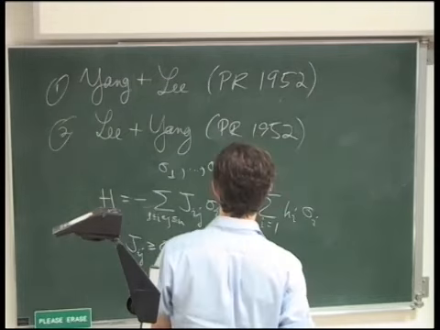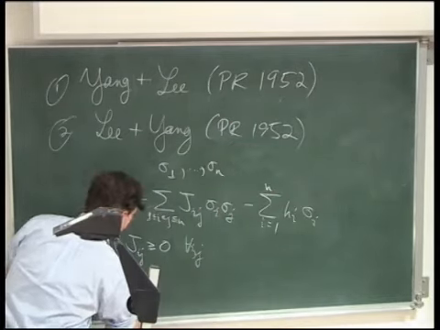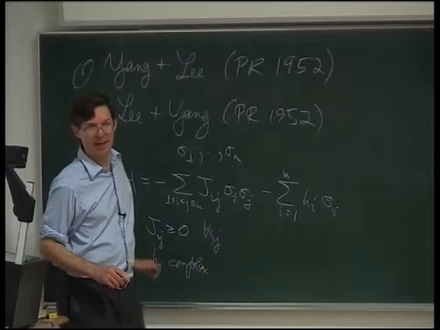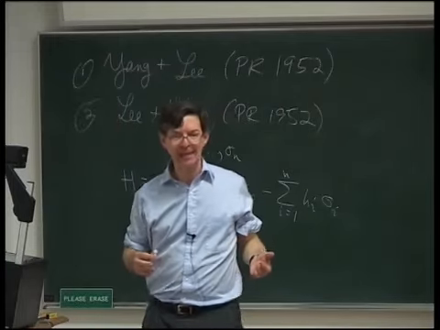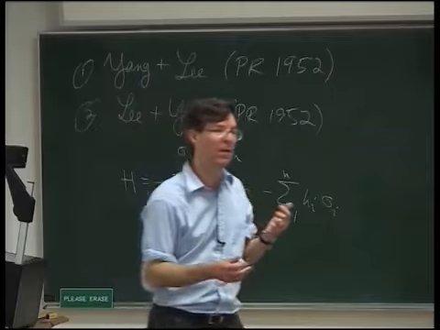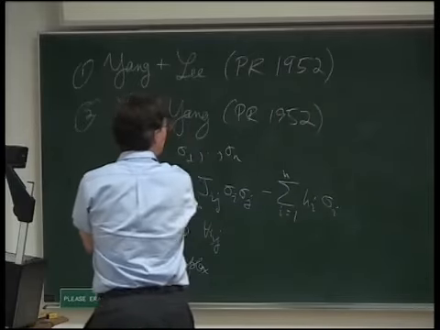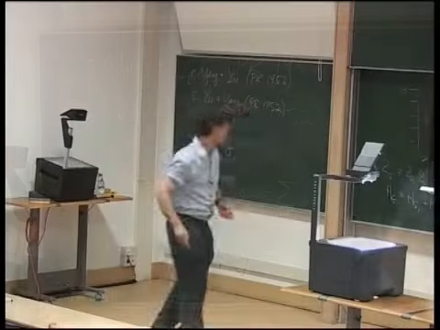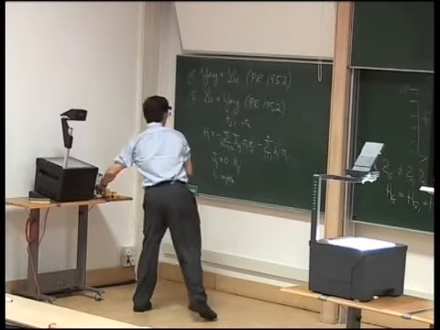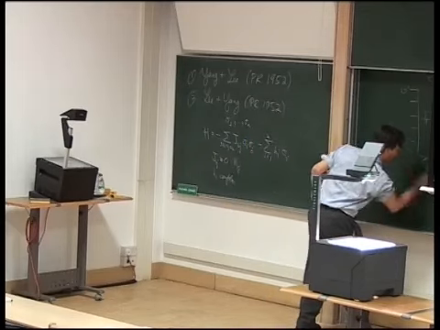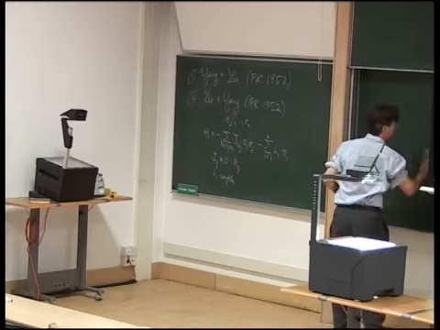And it's the magnetic fields, h_i, that I'm going to make complex. So in applying this Yang-Lee picture, you always have the decision, which variable do you make complex? In this case, it's the magnetic fields we make complex, and the couplings are ferromagnetic but otherwise arbitrary.